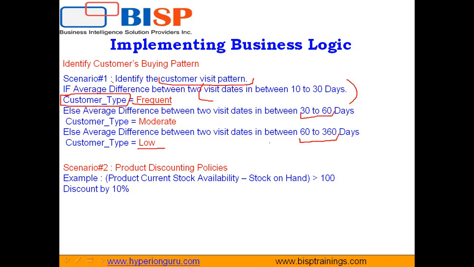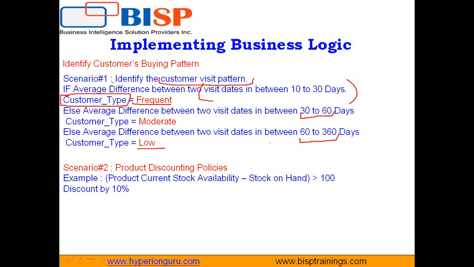In such business logic, you see the conditional statement I have written, an expression, where the customer type depends upon the business logic. Another example: we would like to identify product discounting policies. What is my discounting policy?